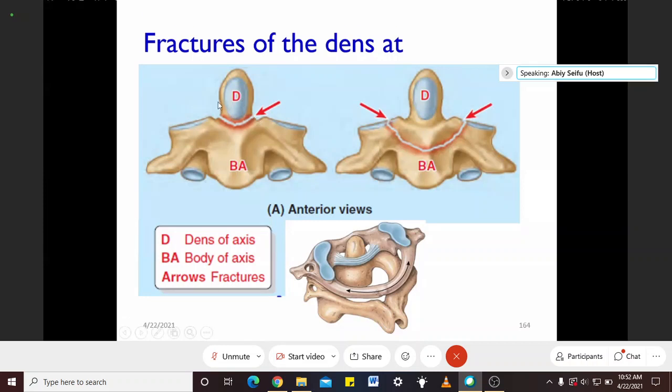In this case, the transverse ligament has a chance to interpose in the space between the two fractured bones. Therefore, reuniting the fractured structure is difficult because the ligament interposes in the fractured space.